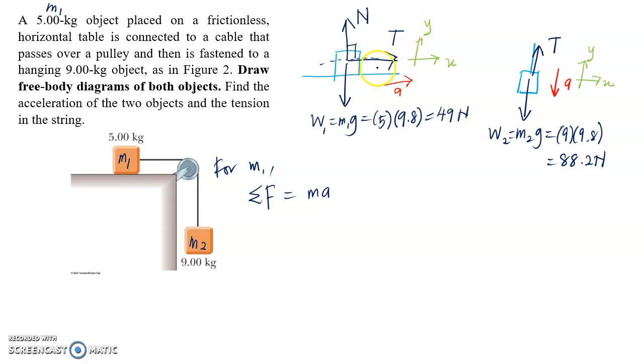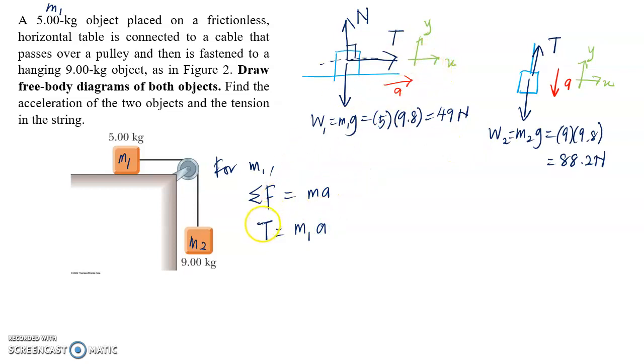The force in the x-axis is going to be the tension in the cable. We only have one force along the x-axis, and this tension will be the one that produces the acceleration. And then we're going to substitute mass with m1, and the acceleration will be a.